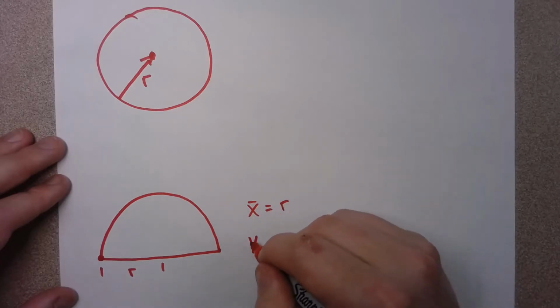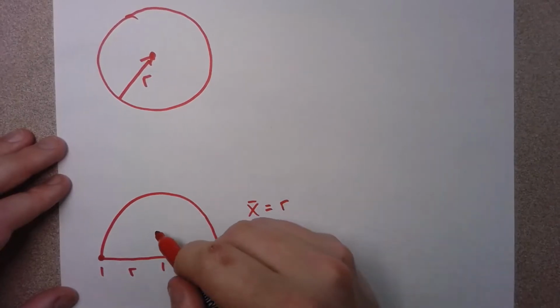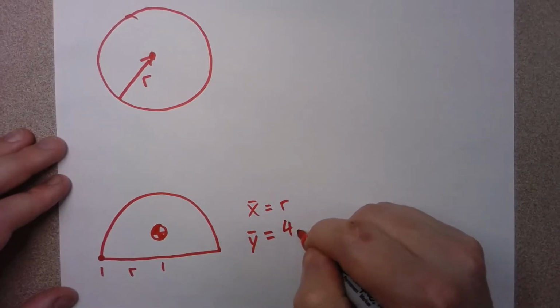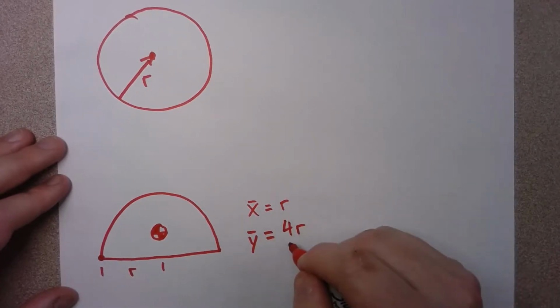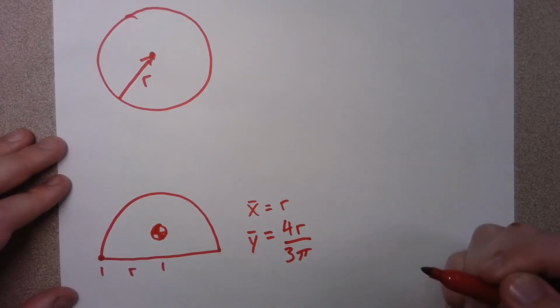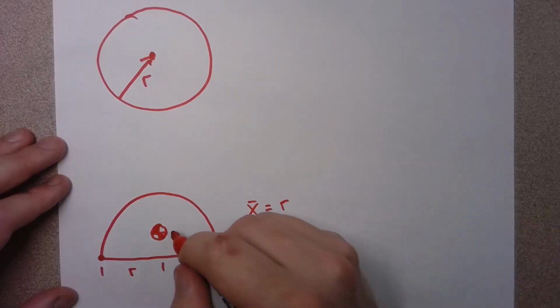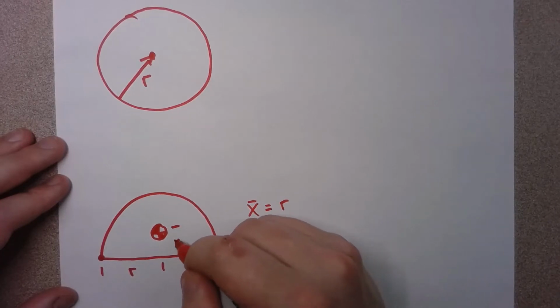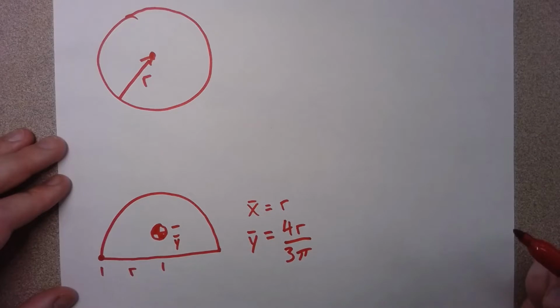Your y bar gets a little bit more complicated. Your centroid is located in this area here. Your y bar is going to be equal to 4r, so your radius, divided by 3 times pi. So this one is a bit more complicated. This here is your y bar. That one's a little bit harder.